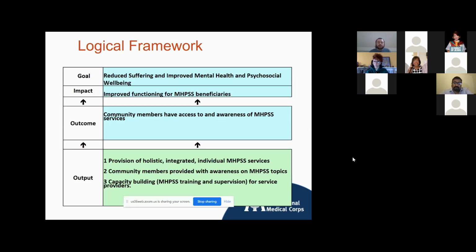The outcome that has been chosen is community members have access to and awareness of MHPSS services. Again, this is adapted from the M&E framework. This is very important as part of the integration model. The whole goal of integration really is that people have access to and awareness of MHPSS services for when they need them.